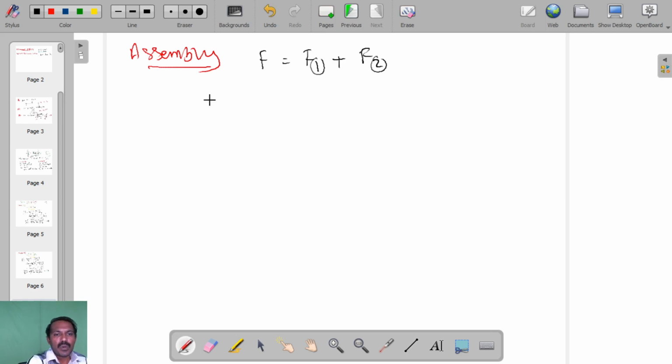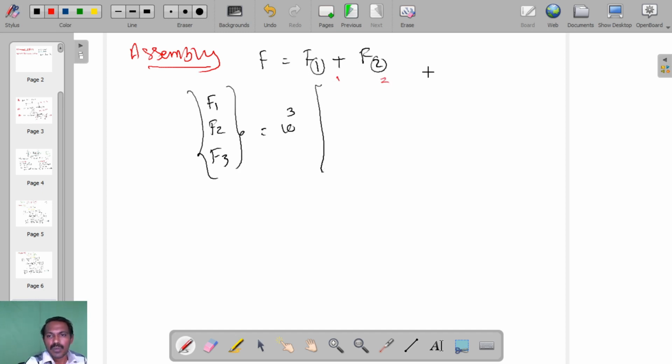So here f1, f2, then f3, with 10 power 3 as the common factor. You put the nodal values 1, 2, 3, 1, 2, 3, because you put the nodal points, and u1, u2, then u3. Okay, students.